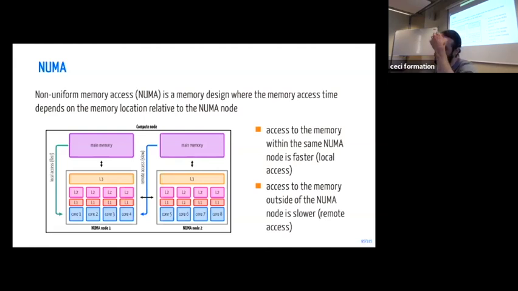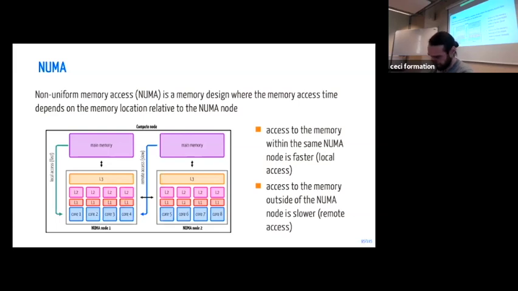The reason behind it is that some of your CPU sockets may be closer to some part of the memory, or some of your cores may be closer to some part of the memory. In the case of, for example, an AMD EPYC CPU, you most of the time run with 4 NUMA nodes per socket. So you may have some of the cores closer to some part of the memory.